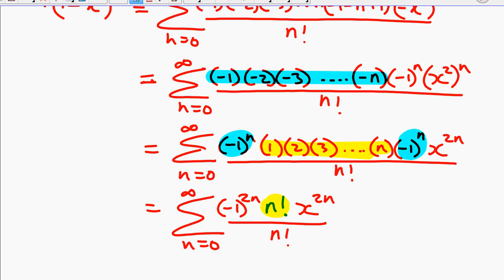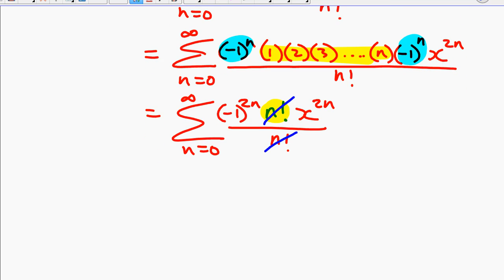Now obviously these factorials are going to cancel. So negative 1 to the power 2n will just be 1, and my series will be equal to the sum from n equals 0 to infinity of x to the power 2n.